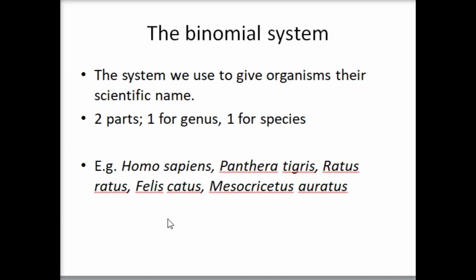And we've got a few examples down here. Homo sapiens is what we are, genus Homo, sapiens is species. Panthera tigris is for a tiger, genus and species. This one's a rat, that one's a cat, and this one I think is a hamster, okay?